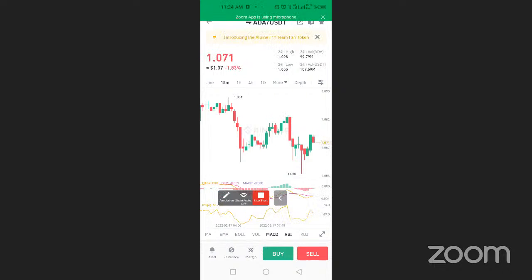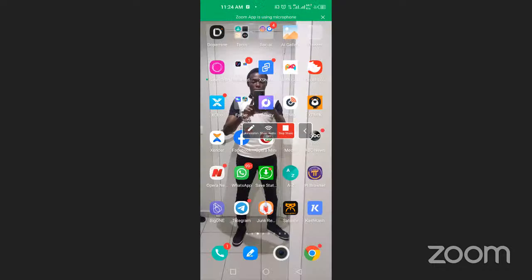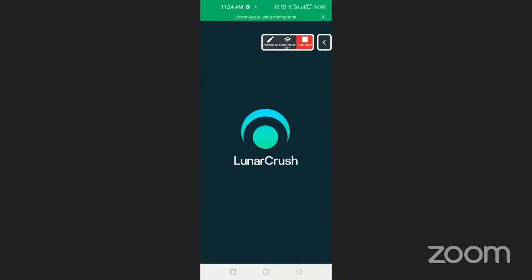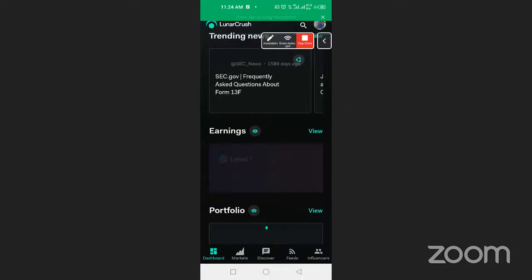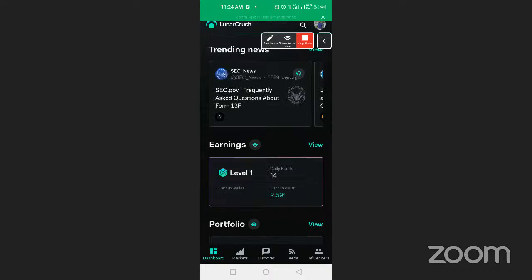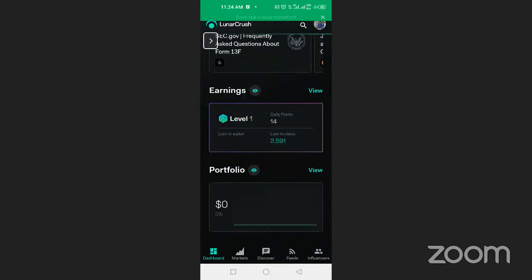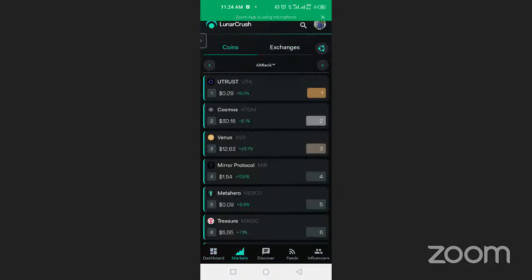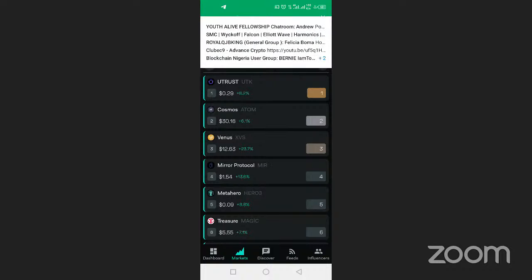And then if you go to Runa Crush, I think they have updated the 10 o'clock coin things. If you open the Runa Crush to check it now, let's see what is happening there. The coins that are being listed: Commonwealth, Meta Hero, Treasure, Shibano.